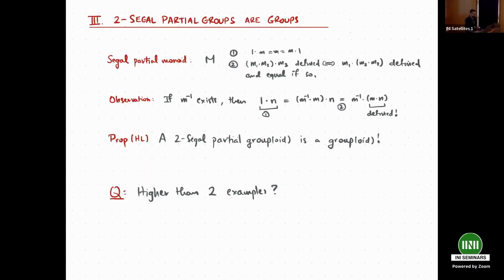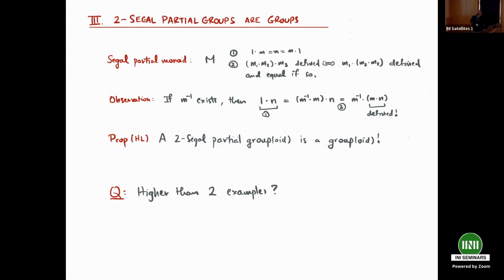Okay, so let's think about the two Segal conditions, in the context of Julie's example of a Segal partial monoid. I'm going to use the modifier Segal in front of partial monoid to distinguish that type of partial monoid from something that may be more general.